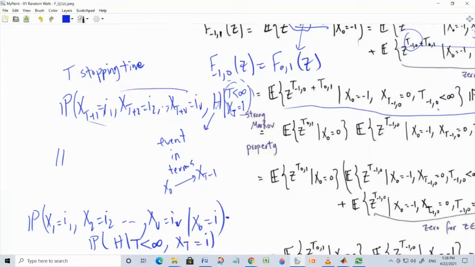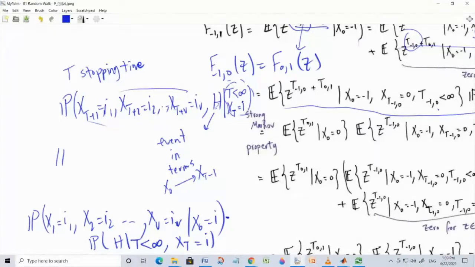Basically, the simple way of saying it is that the Markov property is also satisfied. So the future and the past are conditionally independent given x of n. So give me events in terms of x of 0 up to x of n minus 1, and then give me x of n.